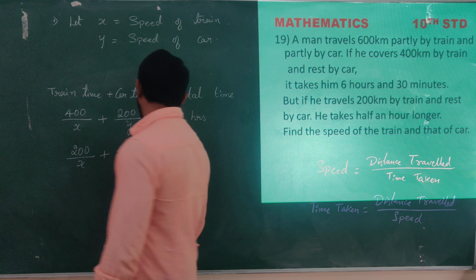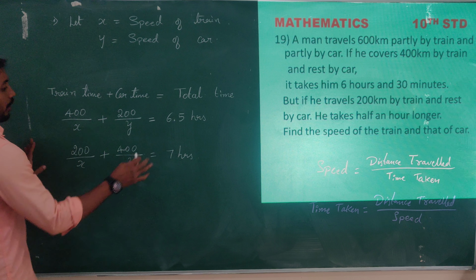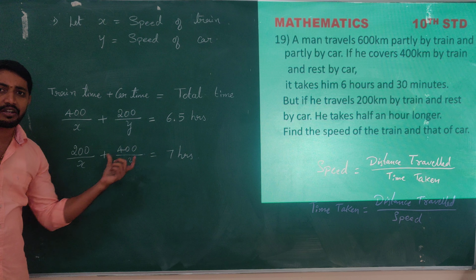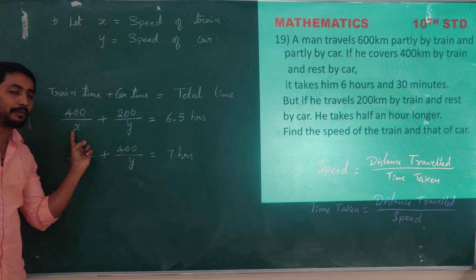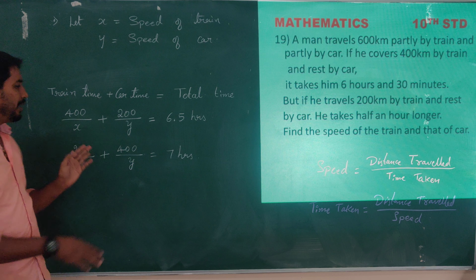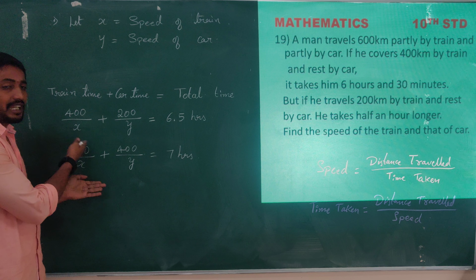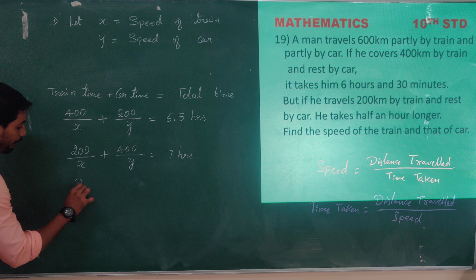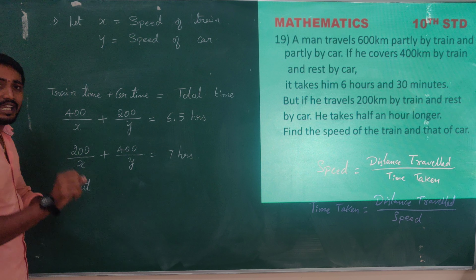Now if you observe this, clearly it is in linear equation format which involves two variables x and y, right? But here the variables are existing in the denominator. For our convenience, let us make a small rearrangement.